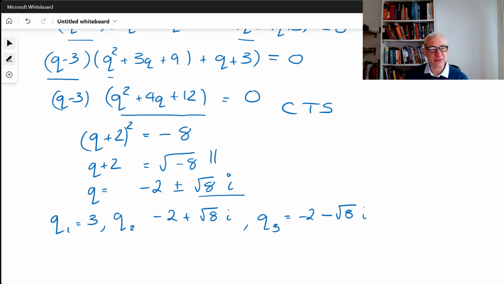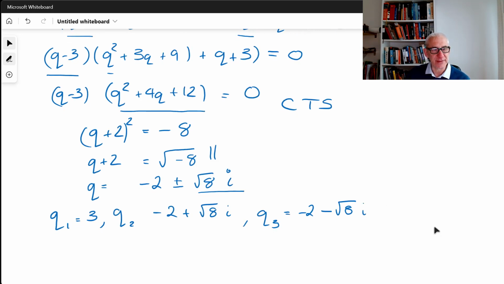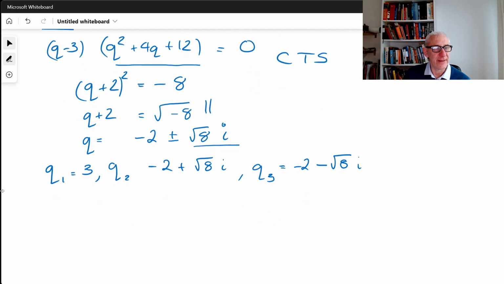So now let's just think about where we're going to be able to see these. This is a real number, okay? It has a magnitude of 3 straight along the real axis. So straight along the real axis here.